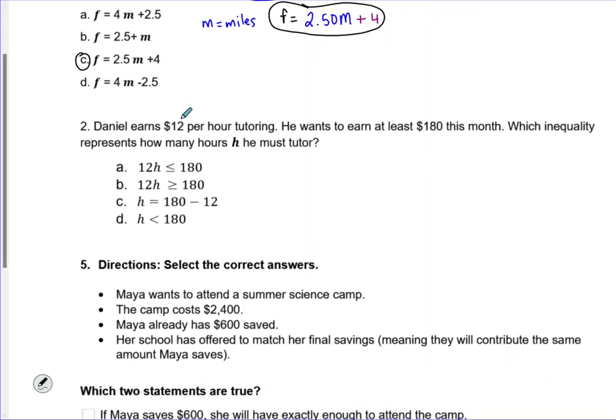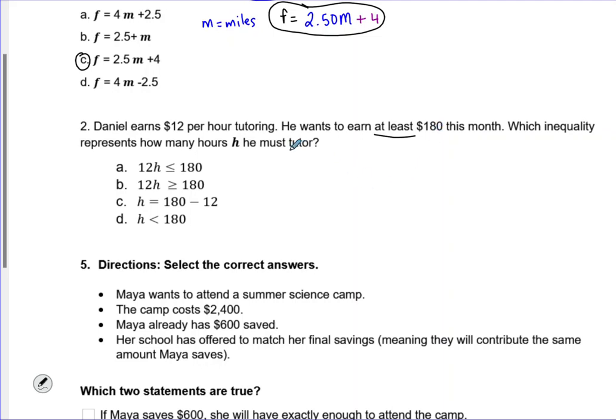Daniel earns $12 per hour for tutoring. He wants to earn at least $180. So the lowest amount that he wants is 180, and everything else has to be higher than 180, right? Which inequality represents how many hours he must tutor?